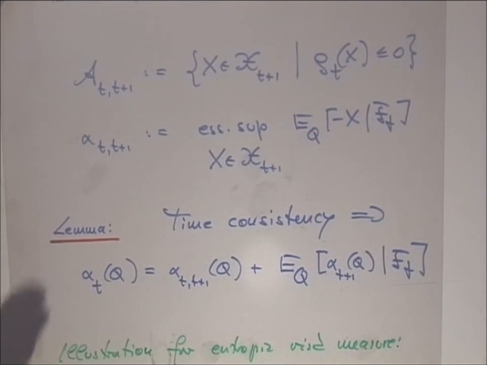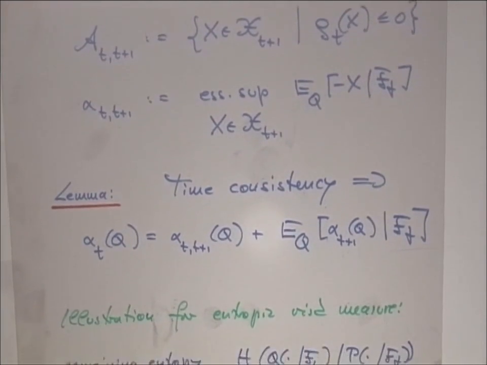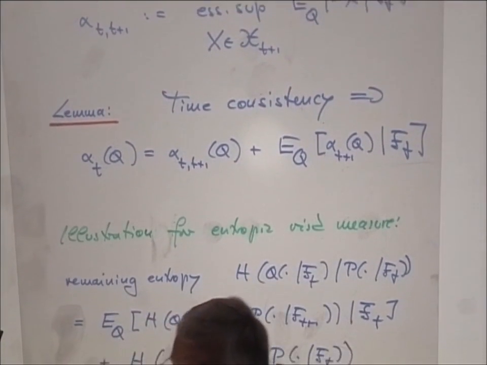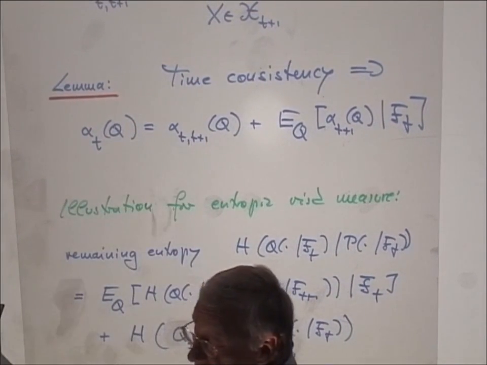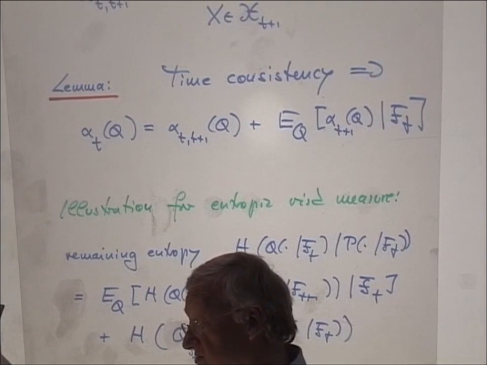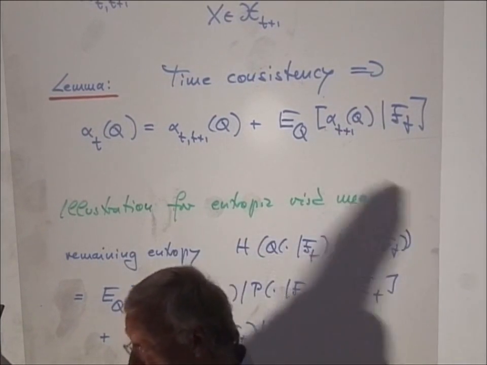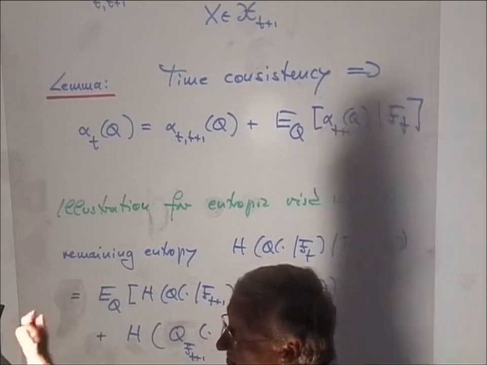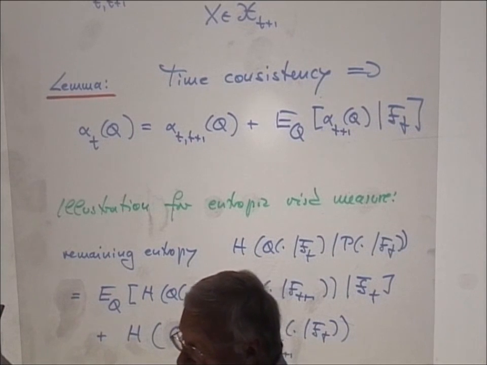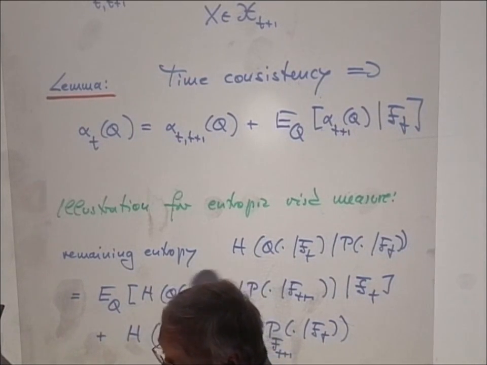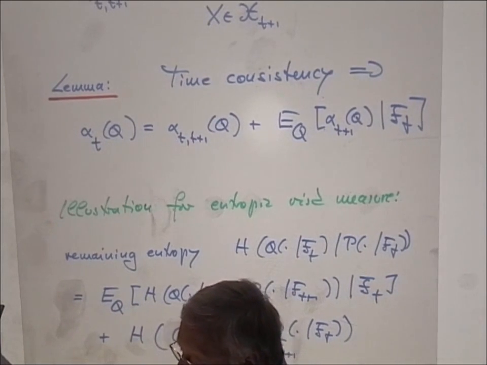And then there is a lemma, and that's the hard part of the proof, to show that time consistency implies this relation for the penalty functions. The penalty function is the myopic penalty function, just looking one step ahead, plus a conditional expectation of what the penalty function will do at the next time. Illustration for the entropic risk measure: it's a formula for the remaining entropy, which in the case of entropy you can just explicitly compute.